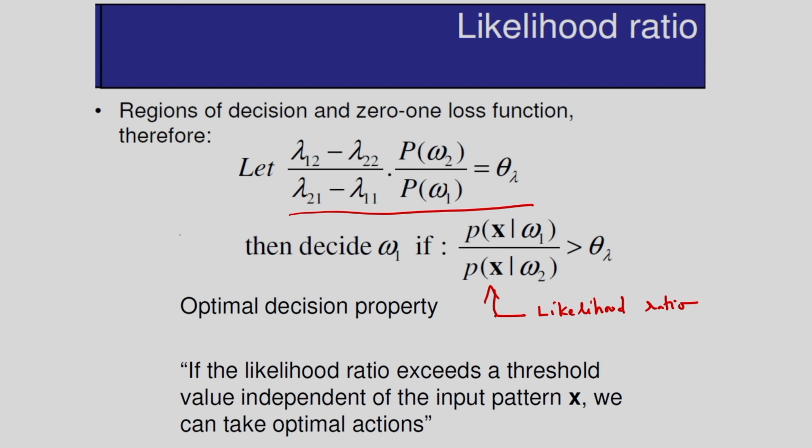So if the likelihood ratio is greater than a particular threshold, then in this case we consider W1. Otherwise, we consider W2. You can see this likelihood ratio is independent of X. So we can determine the likelihood ratio, and based on it, we can take a classification decision.